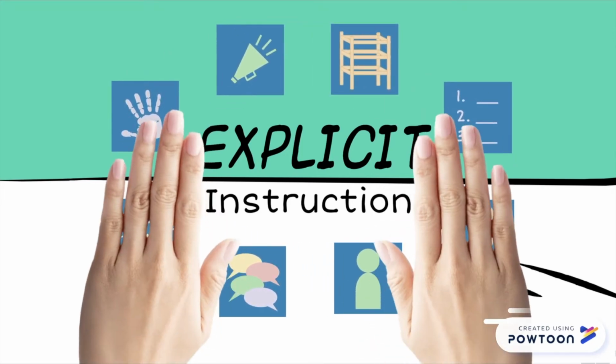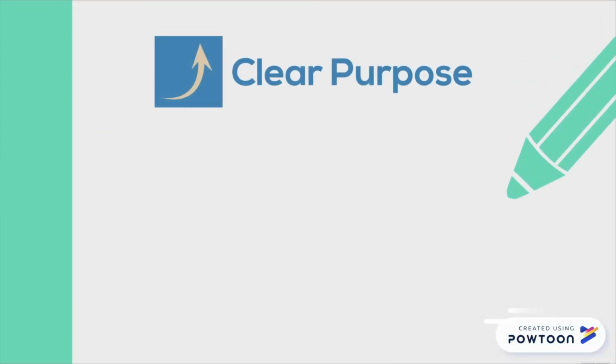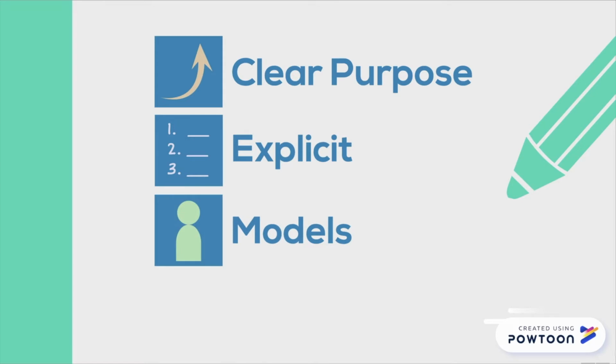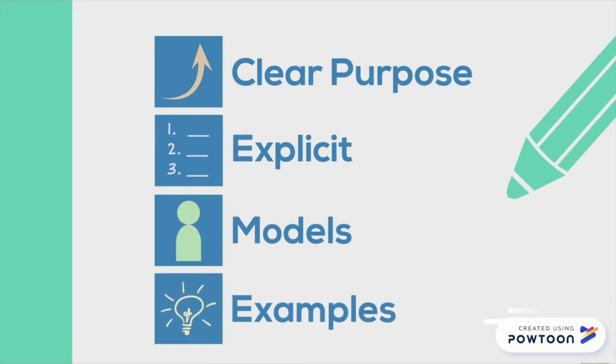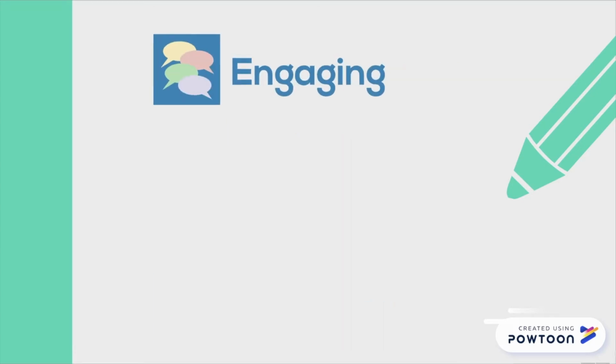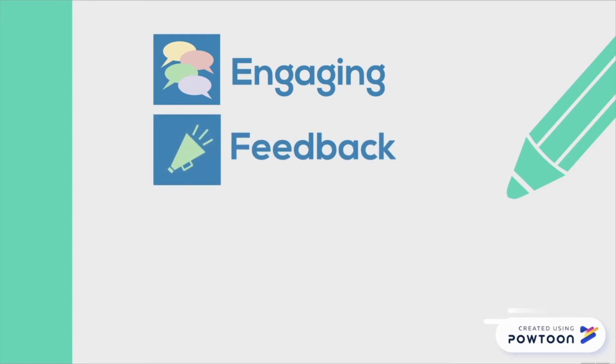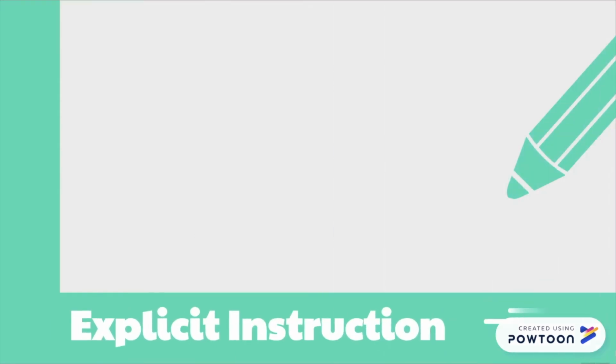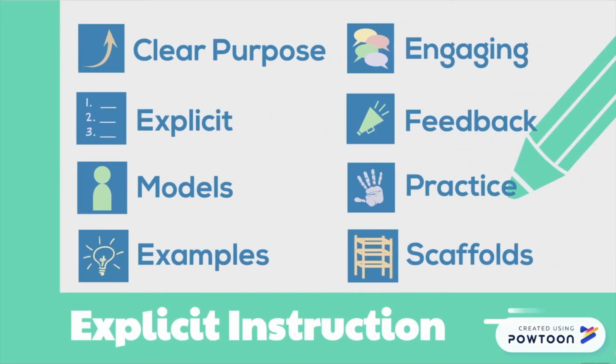When using explicit instruction, teachers have a clear purpose, teach concepts explicitly, use models to teach concepts, provide examples and non-examples, keep instruction engaging, offer consistent feedback, provide multiple opportunities to practice, and scaffold instruction. In this series, we will provide opportunities to learn about and interact with each of the explicit instruction practices. We hope these modules become a resource for you as you begin to teach more children to read using explicit instruction.